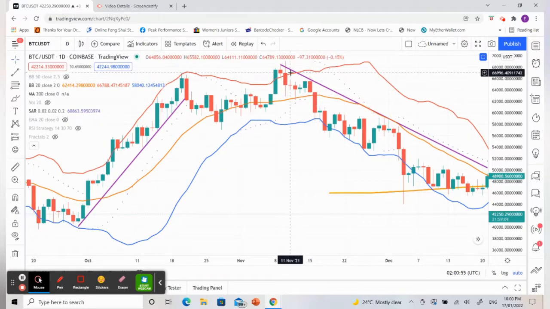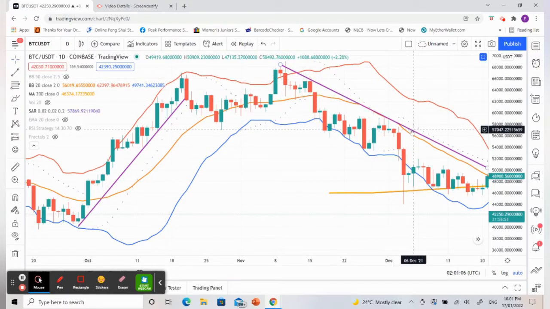So as opposed to the uptrend explained before, in the downtrend you put the trend line above the candles.